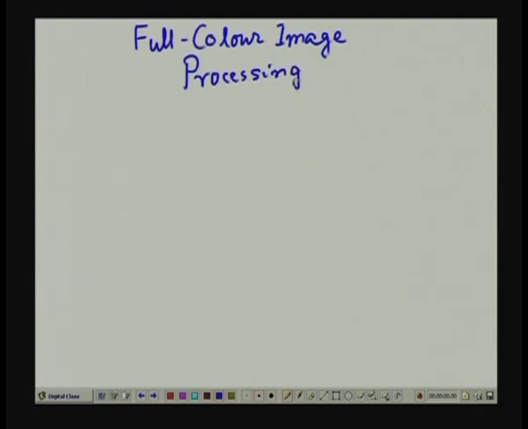The next kind of image processing technique that we will discuss is full color image processing. And as we have said, unlike in the case of pseudo color techniques, in the case of full color image processing, we will consider the actual colors present in the image.